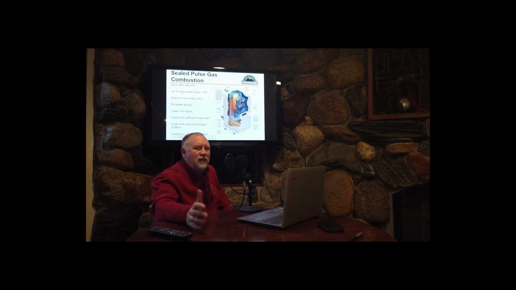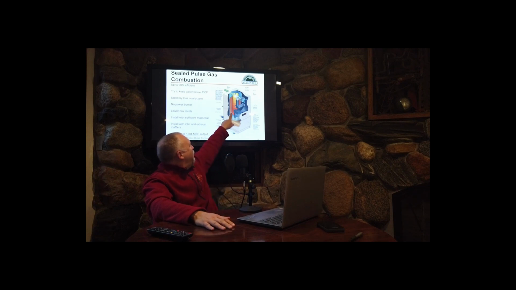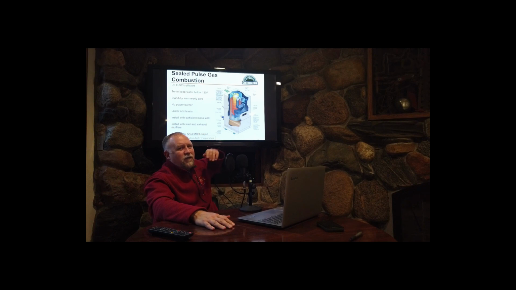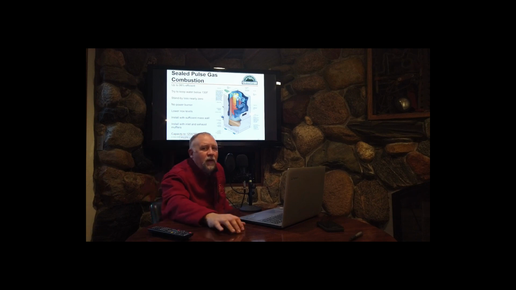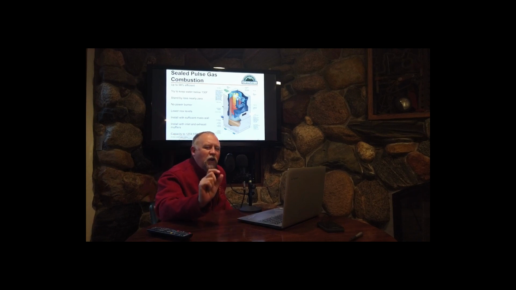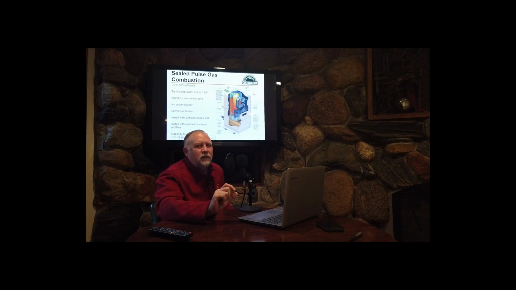That represents wasted energy. But in a boiler, I want to increase the heat transfer. In other words, I set this natural gas on fire. I want as much energy out of it as possible. Therefore, I want as low an R value for my heat exchanger wall as possible.